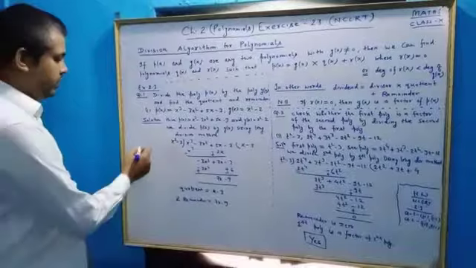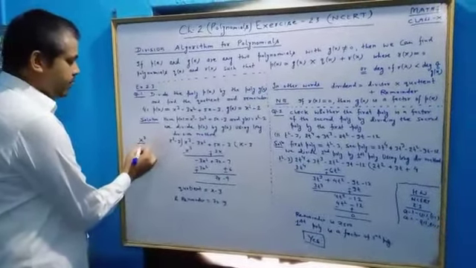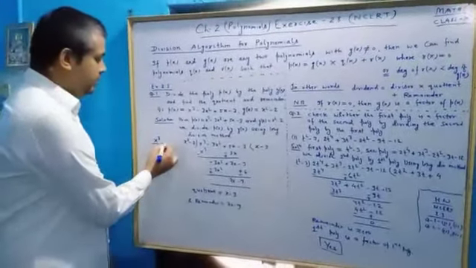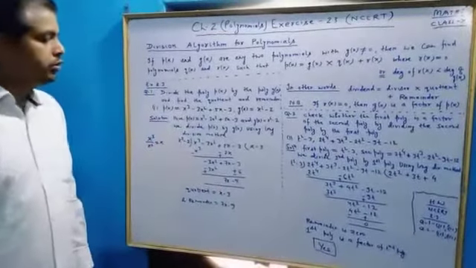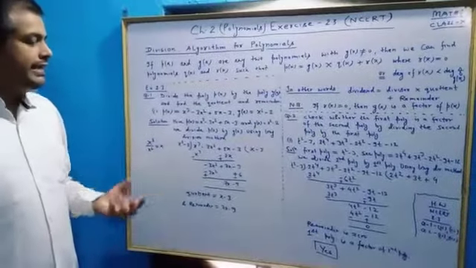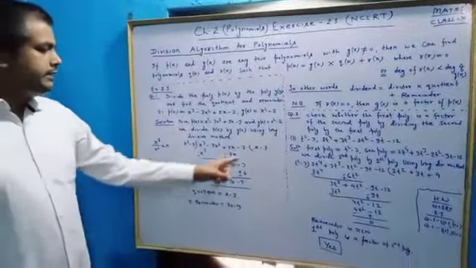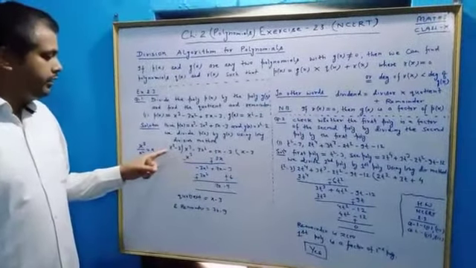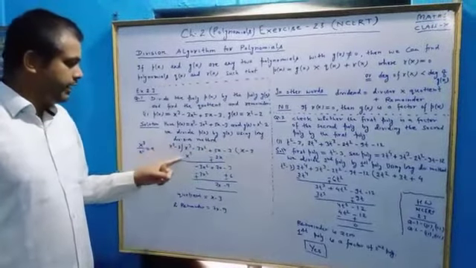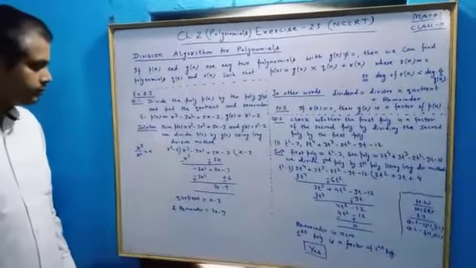When we divide x cube by x square, we get x. So the first term of quotient is x, and we write it here. Now this x is multiplied with x square minus 2. Then x into x square is x cube, and x into minus 2 is minus 2x.